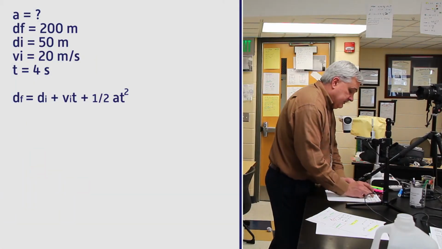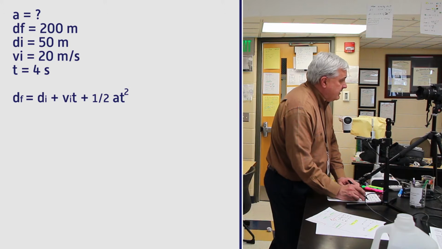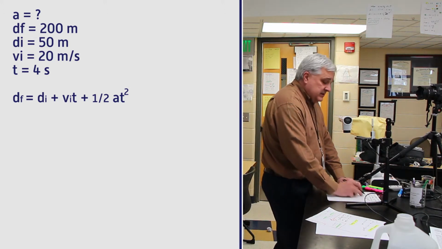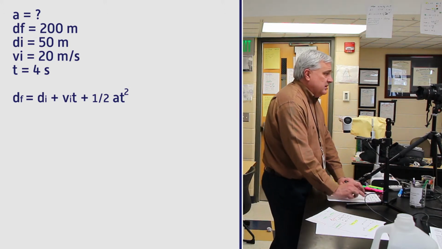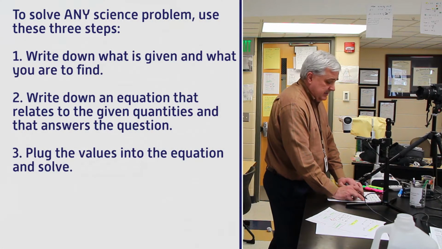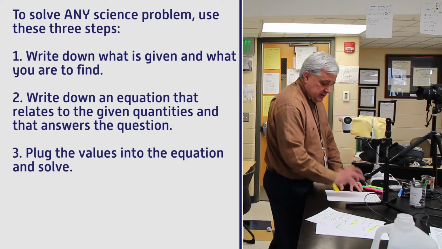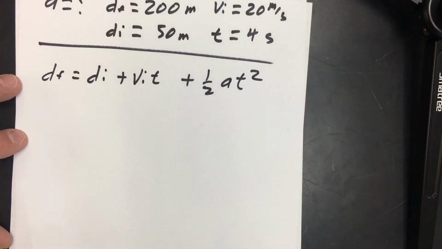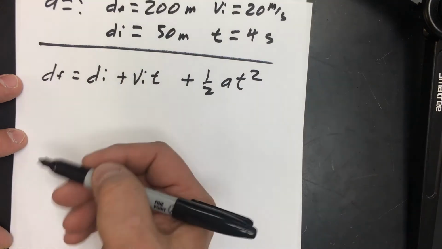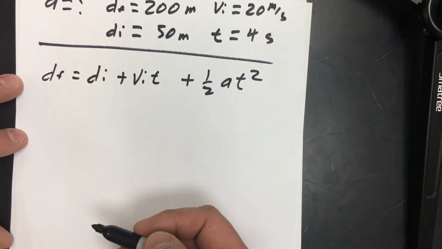Now we're ready to plug our numbers in. Omitting the step of writing this equation ultimately proves to be a mistake. You might get away with it sometimes, but the best thing to do is to continuously use the same steps of writing it down, plugging in, and solving.